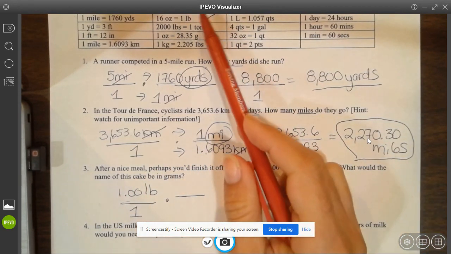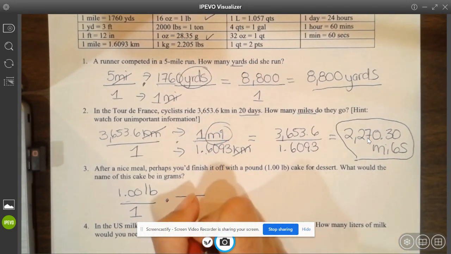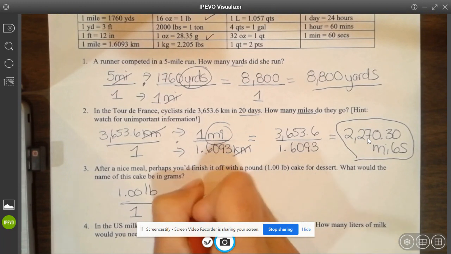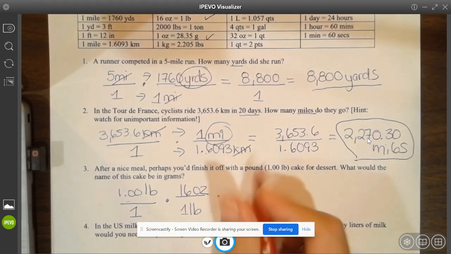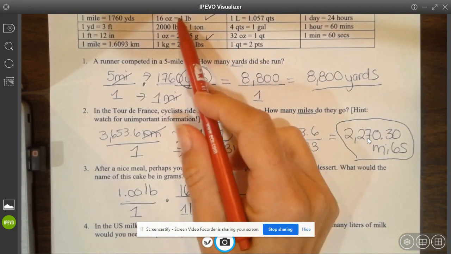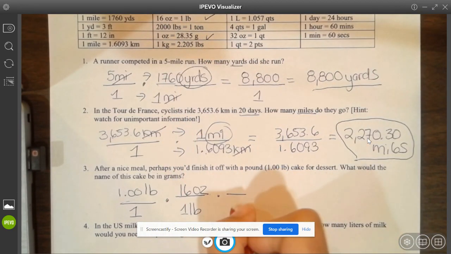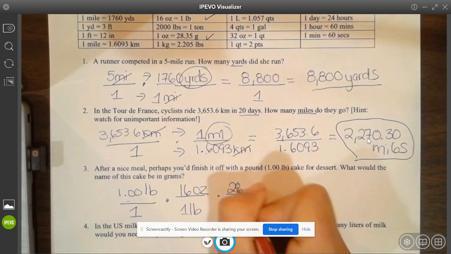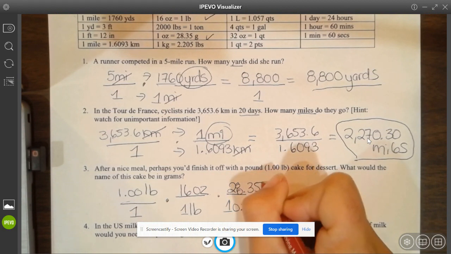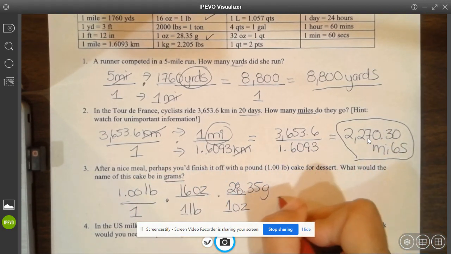Now we want to use the pound is 16 ounces, so 1 pound on the bottom is 16 ounces, but we don't want ounces, we need to cancel ounces. Look, we want this one. 1 ounce is 28.35 grams, and that's the one we need in grams. All right, there we go.